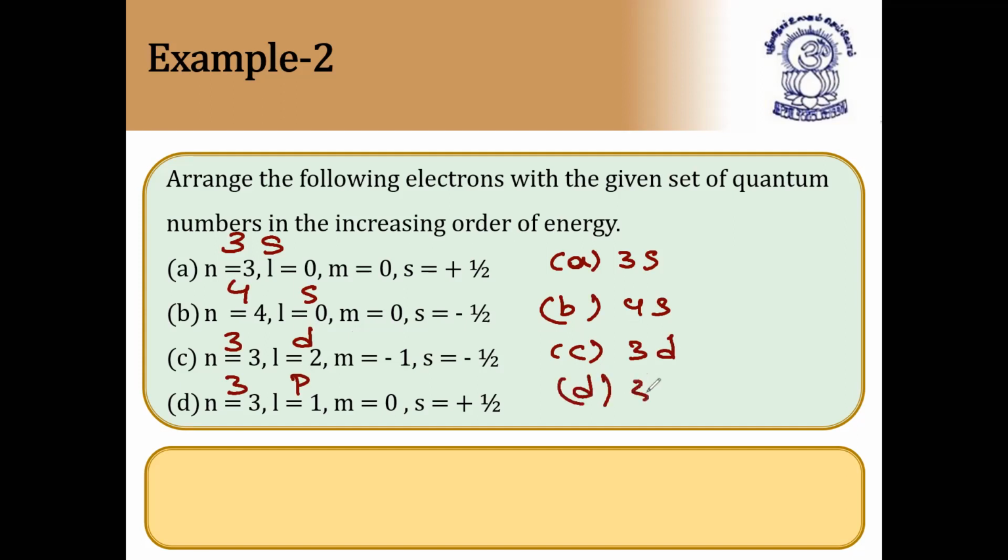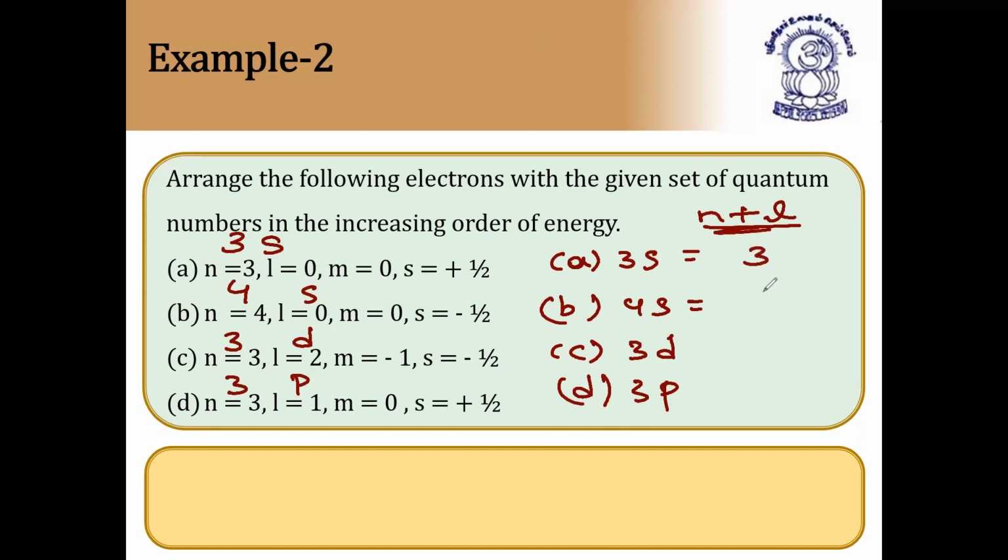Straight away we can arrange the orbitals based on n plus L values. So what is the n plus L value for 3s? L is equal to 0, n is equal to 3, so n plus L becomes 3.